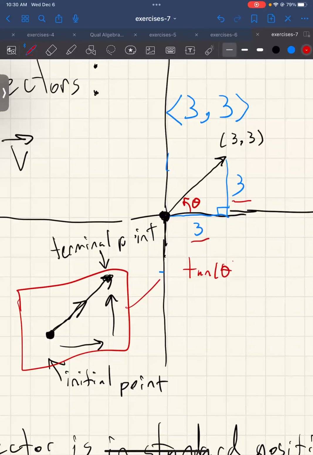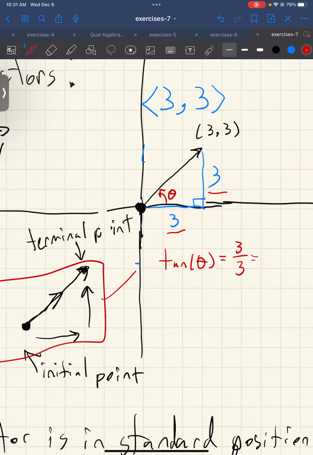Tangent of theta should be equal to opposite, which is 3, over adjacent, which in this case turns out to also be 3. So if tangent of theta is 3/3, that turns out to be 1.